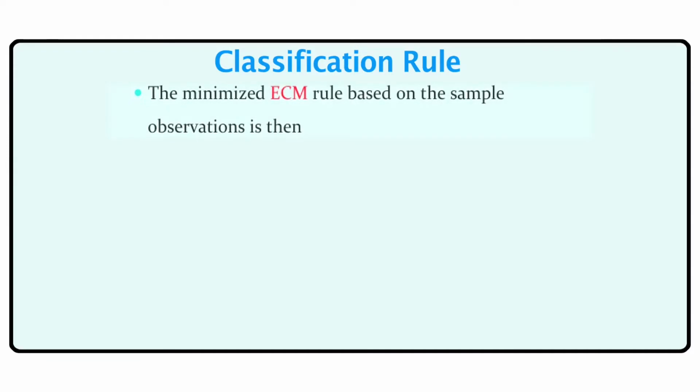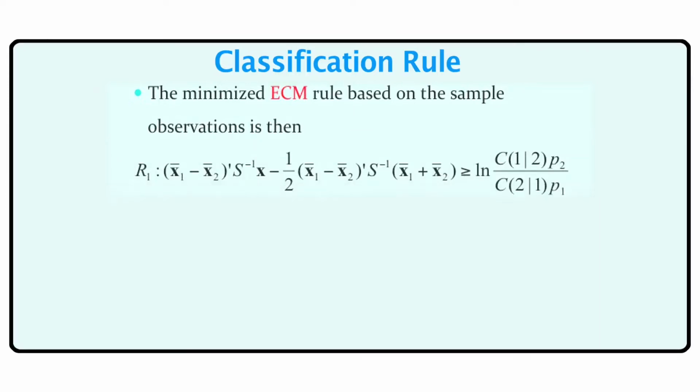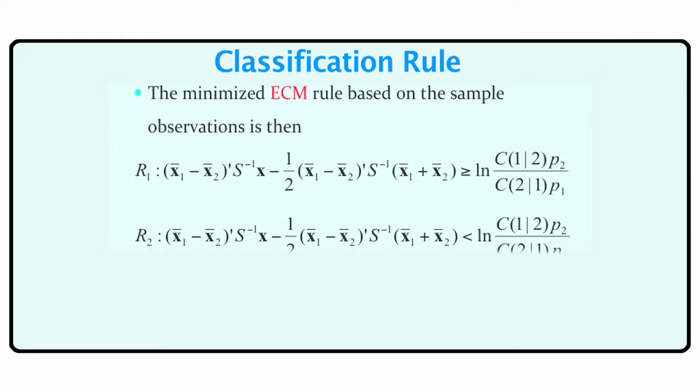These unknown parameters can be substituted by the statistics corresponding to them. So instead of mu1, we have mu1 hat, which is x1 bar, mu2 is replaced by x2 bar, and sigma by S, and we go back to the same type of rules, except that now we have x1 bar, x2 bar and S instead of mu1, mu2 and sigma.